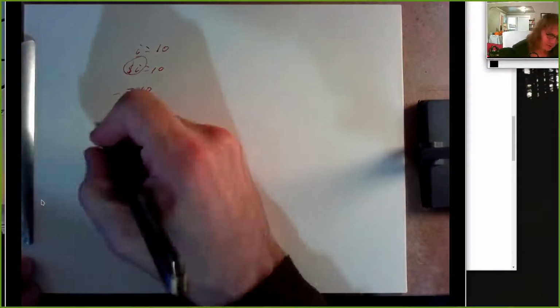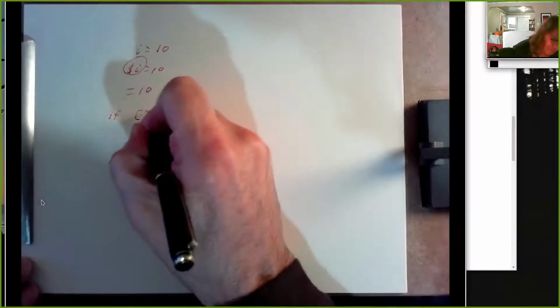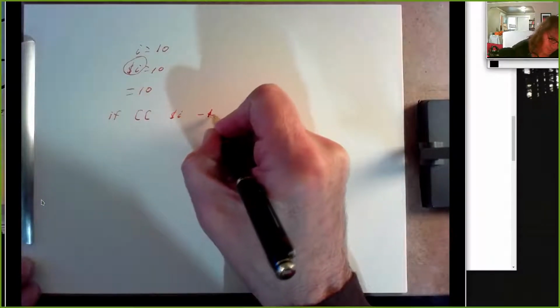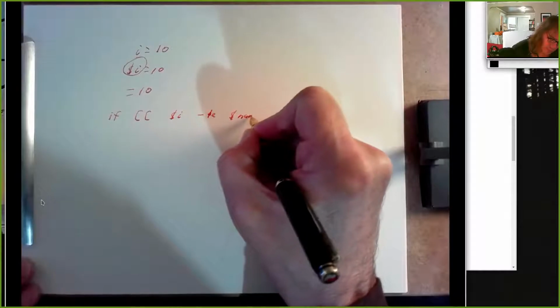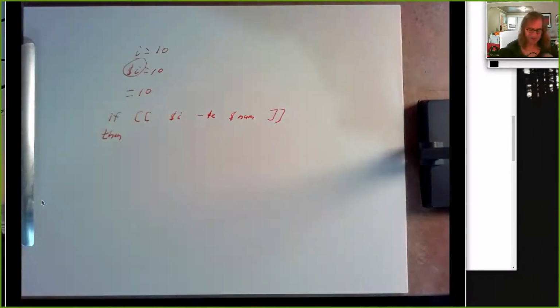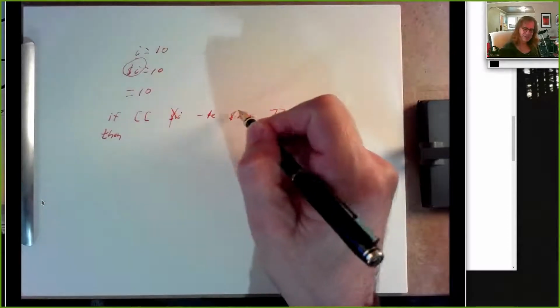When you do things like if, right, that would be an if statement to see if I is less than or equal to number. A lot of people didn't put these dollar signs in.